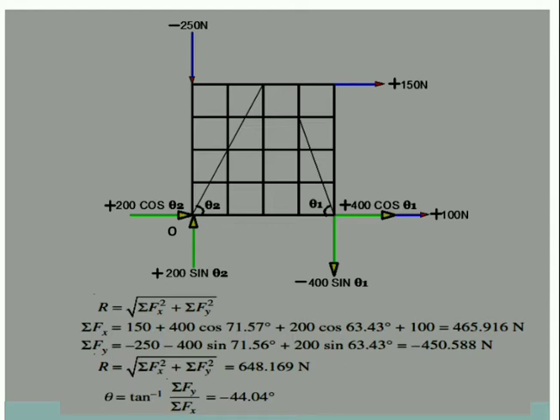We have the magnitude of the resultant and its direction, and yet we have to find the location of the resultant, which we will be doing now. For that we need to compute the moment with respect to our reference point O. The easiness in this example is that these two forces originate from O itself, so they will not produce any moment.